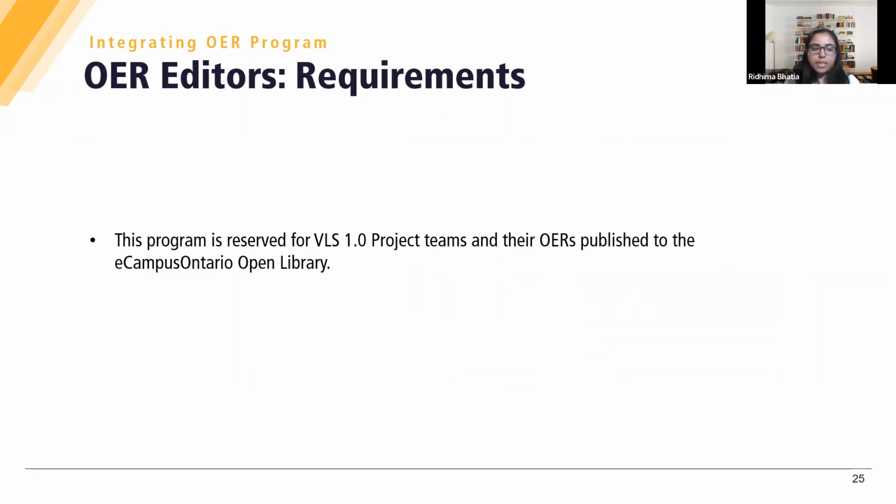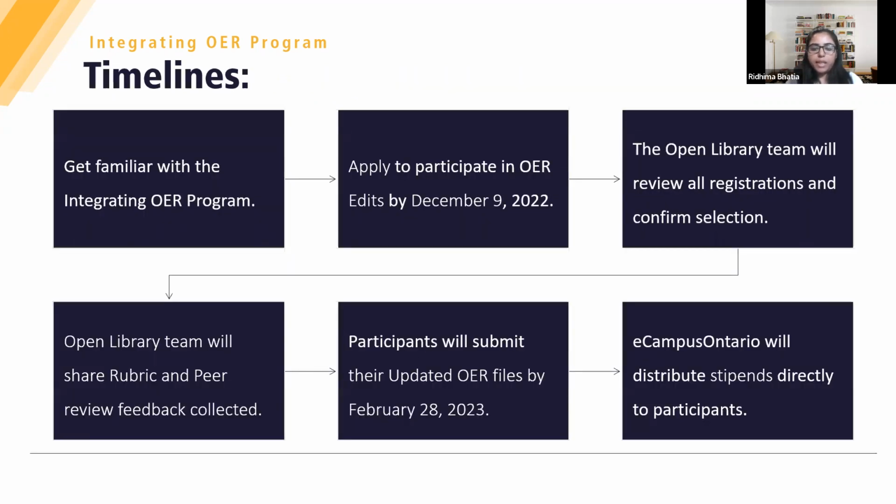The requirement is that participants must have their OER published in the eCampusOntario Open Library, and this program is reserved only for the VLS 1.0 project team. So after this webinar, please feel free to get familiar with the Integrating OER program. Mary, if you could please provide the link in the chat section for our webpage.